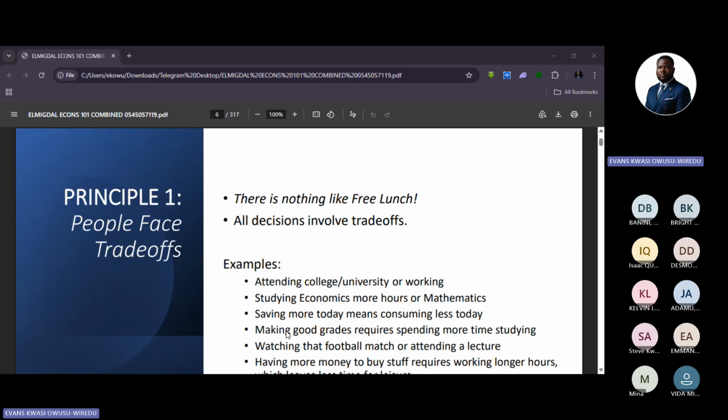So this one, the opportunity is Leverkusen and Olympiacos, and you have another opportunity, gaining knowledge on economics.